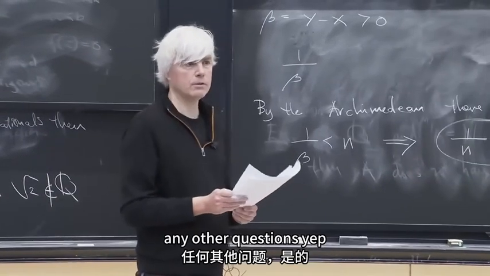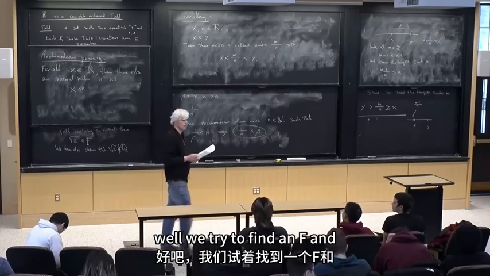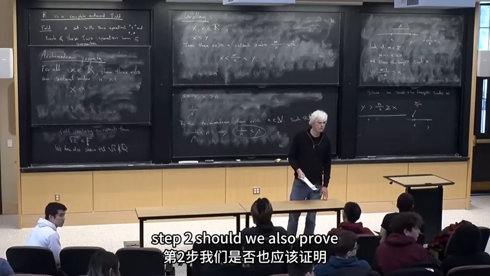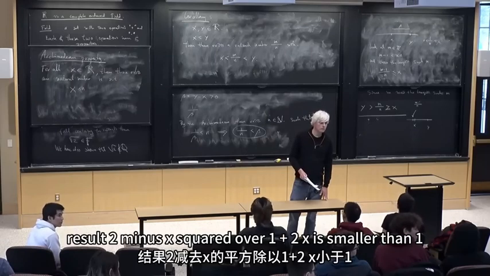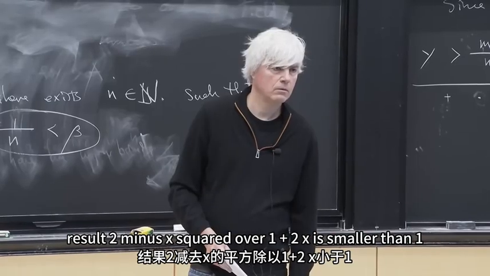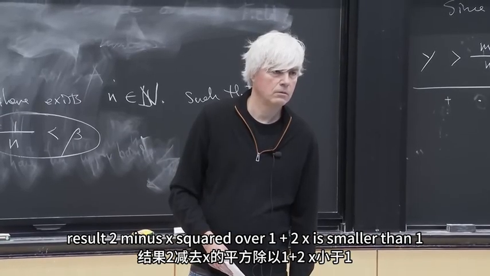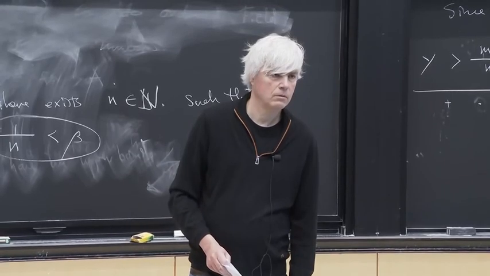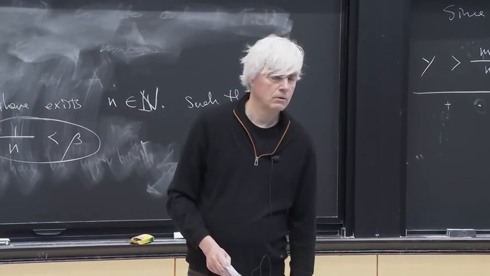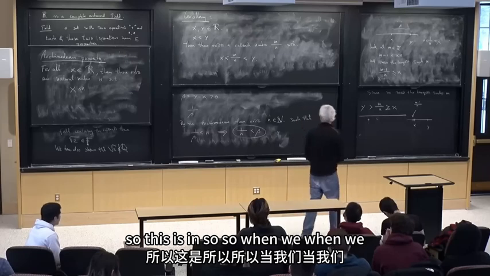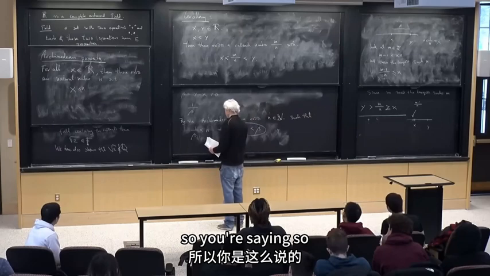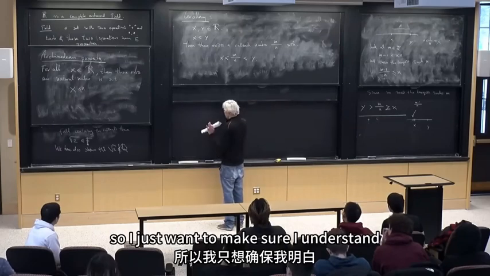Okay. Any other questions? Well, we try to find an h in step 2. Should we also prove that the result (2 minus x squared) over (1 plus 2x) is smaller than 1, because you have assumed before that h is smaller than 1? So I just want to make sure I understand.